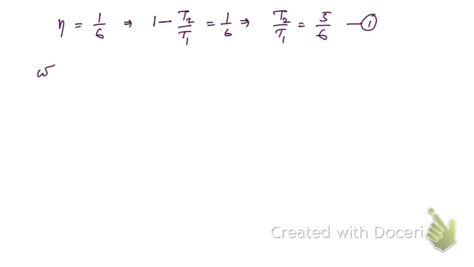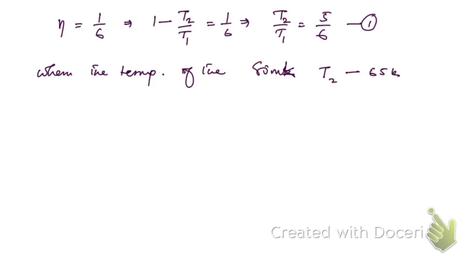So when the temperature of the sink is reduced, that means T2 becomes T2 minus 65 Kelvin, right? Then the new efficiency becomes 1 by 3. So that's going to be equal to 1 minus (T2 minus 65 Kelvin) divided by T1. That's what we can write.